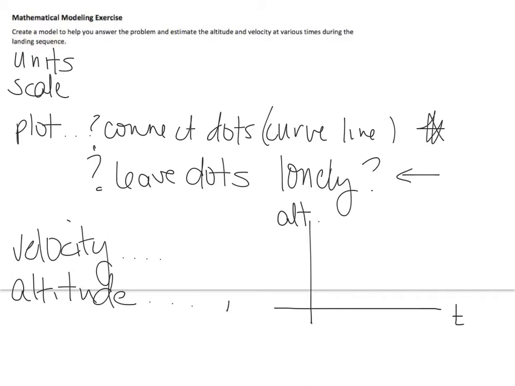Velocity is really a change in altitude over a change in time. How fast it's falling, right? So as the altitude gets closer to the t-axis, this is going to be close to the Earth, and this is going to be high in the sky. That'll be 0 time, and this will be larger time.